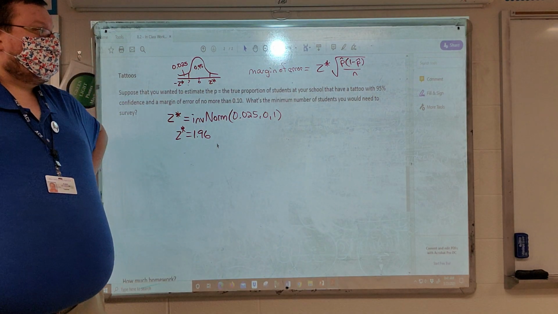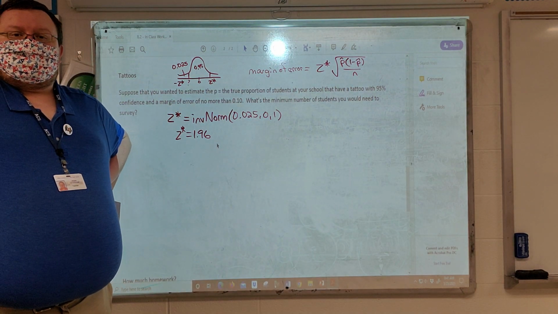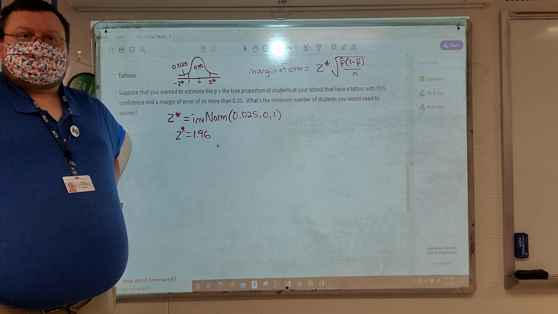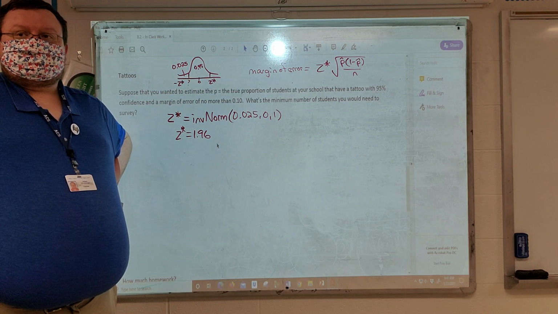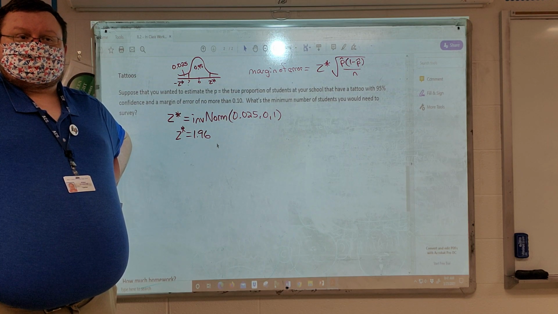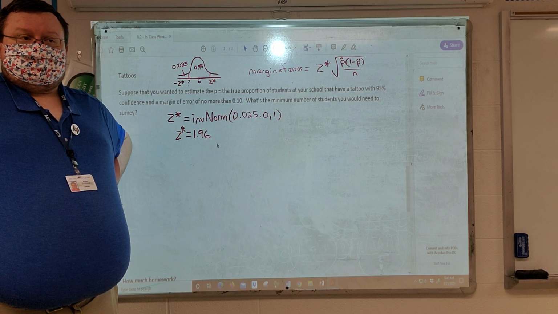It's the part of the confidence interval formula, guys, that we did on Friday. It's the part that's on the right-hand side after the plus or minus in the formula.